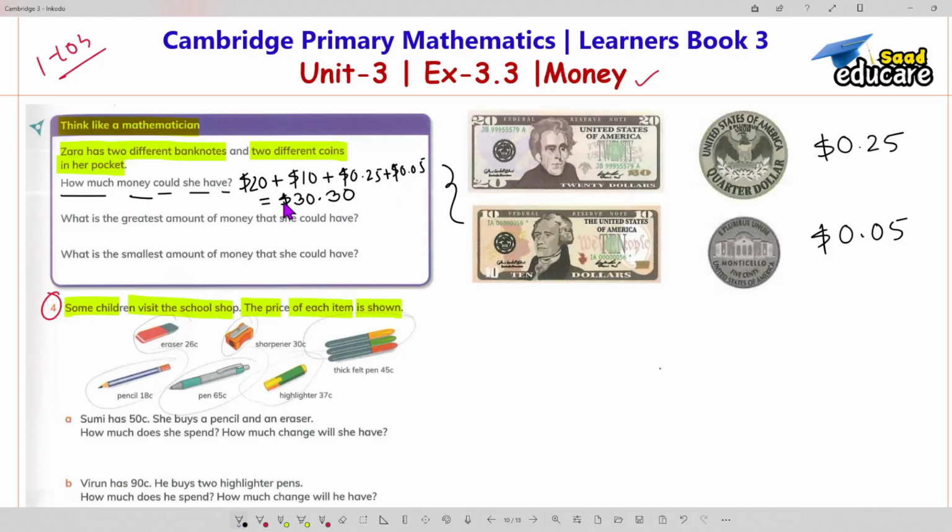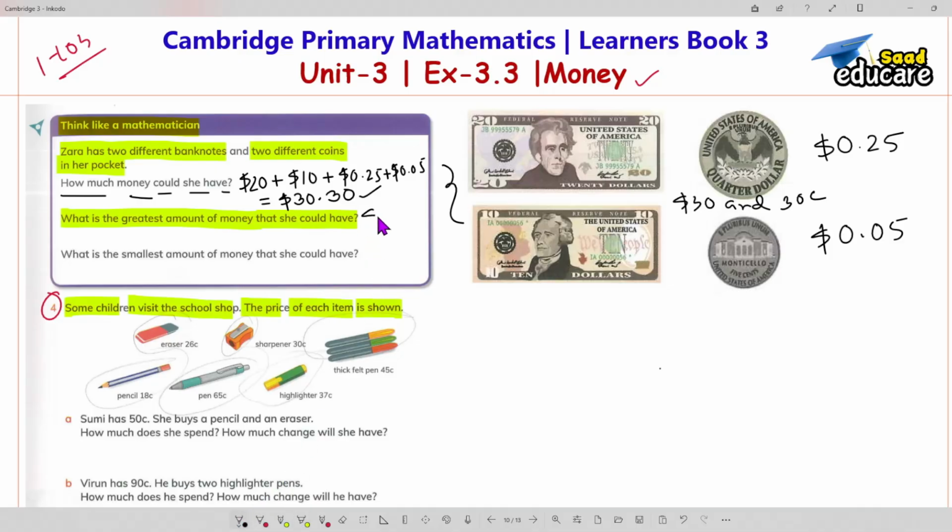So our answer is $30 and 30 cent, and in decimal, $30.30.